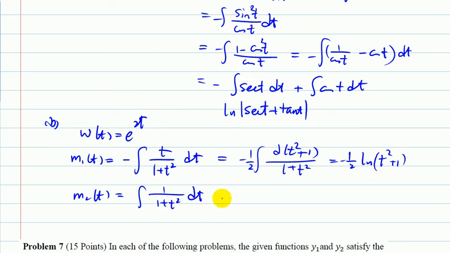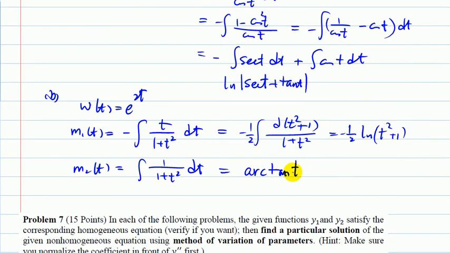What's the integral of this one? You should remember this, or you can look at the table. It's basically arctan t. Remember, the derivative of tan t is 1 over 1 plus t squared. So that's part B, the possible integration difficulties there.